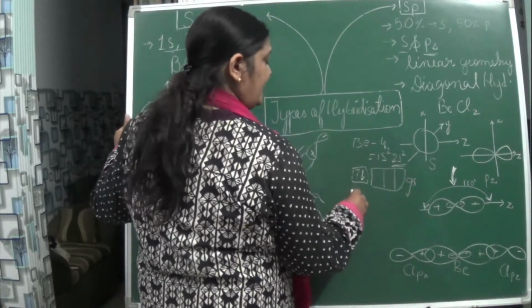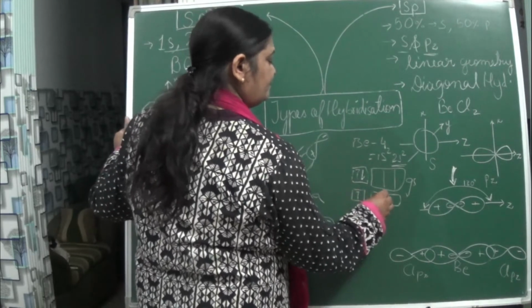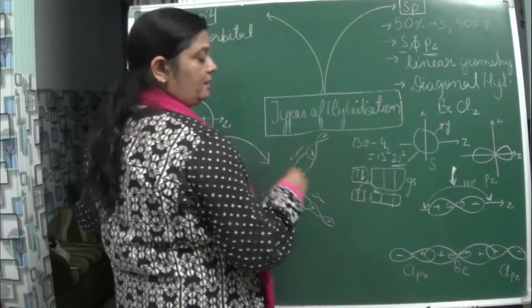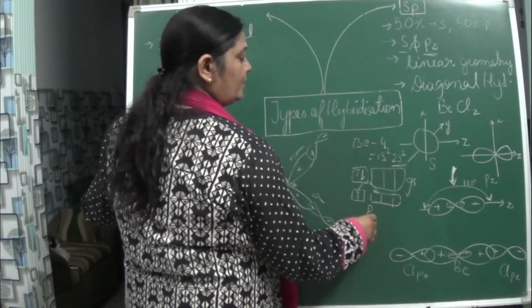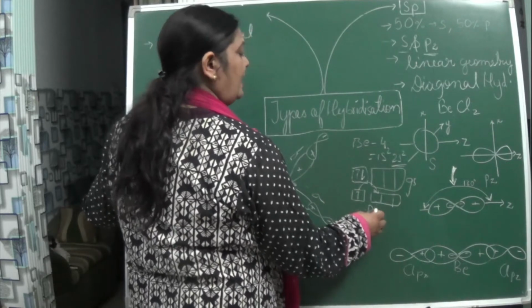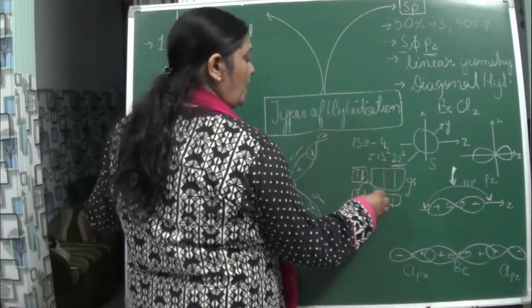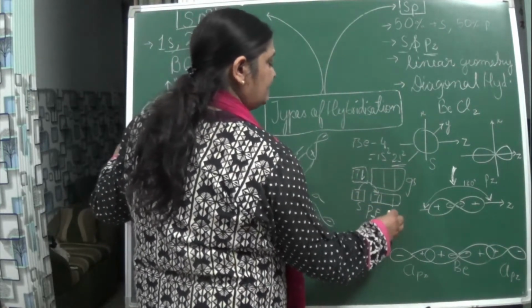But what happens in the excited state? Now, this one electron is excited to this another orbital of this P, that is PZ. So actually what happens here, it forms 1s and 1p, total hybridized.